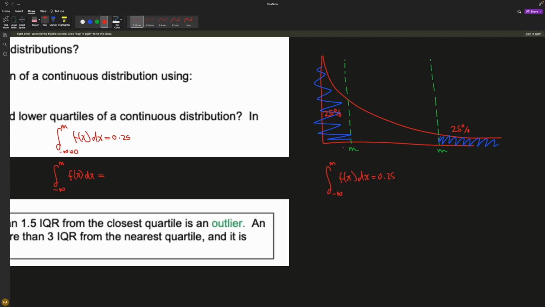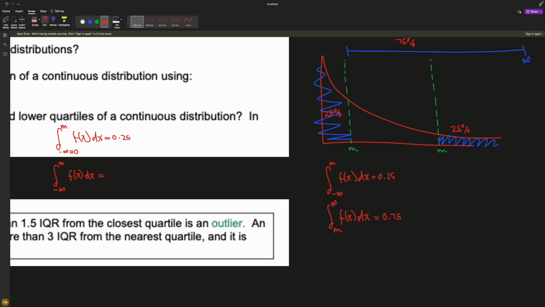The other way I could do this is from here all the way to infinity. So I could also integrate from m, remember, I'm still talking about this m, from this m to infinity of f of x dx. But now this is no longer 25%. This section is 75%, so I could set this to 0.75.